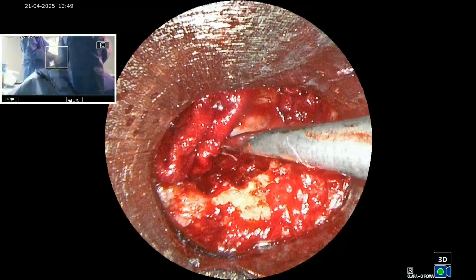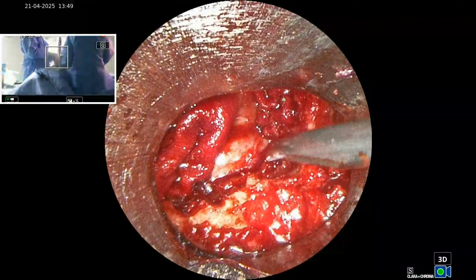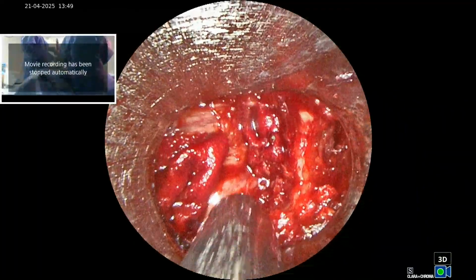Yes, this is all good. We have the shoulder freely mobile, everything is finished, fine. 2 mm.